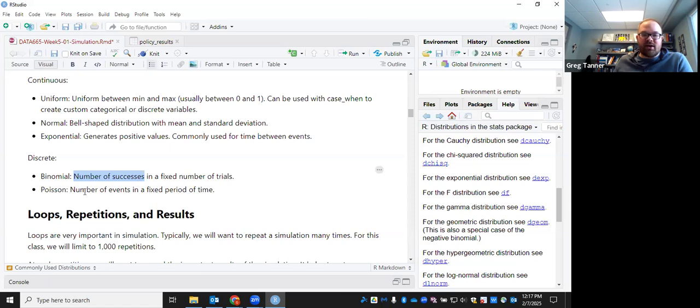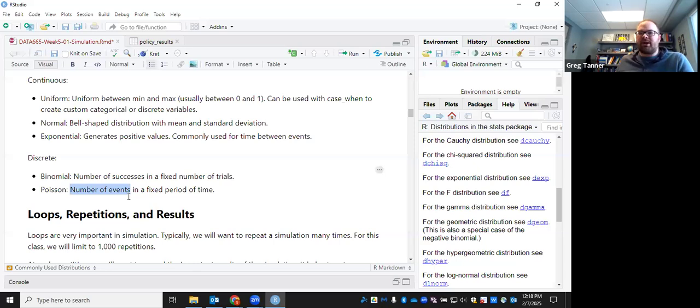On the other hand, a Poisson is the number of events in a fixed period of time. So maybe I've got people coming into my shop, and the fixed period of time is 1 day, and I want to simulate how many people come into my shop each day. A Poisson distribution would be a great way to do that. Okay.